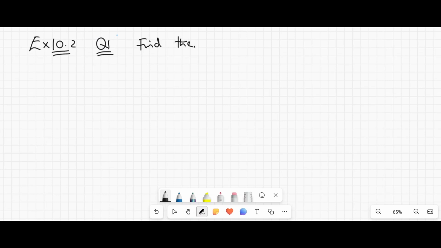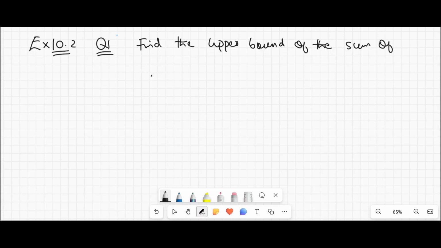Find the upper bound of the sum of each of these pairs of measurements.